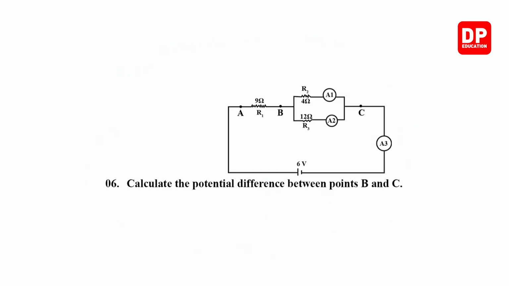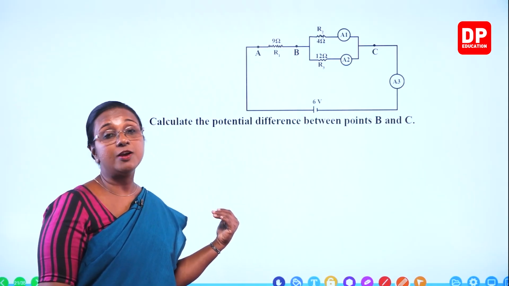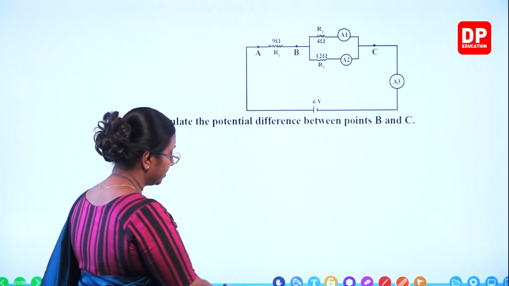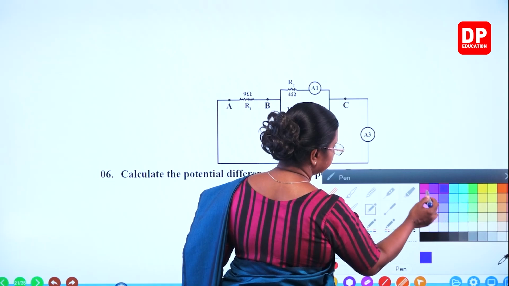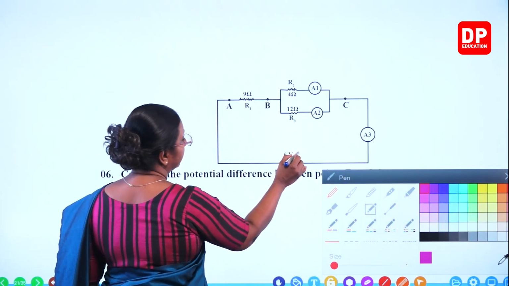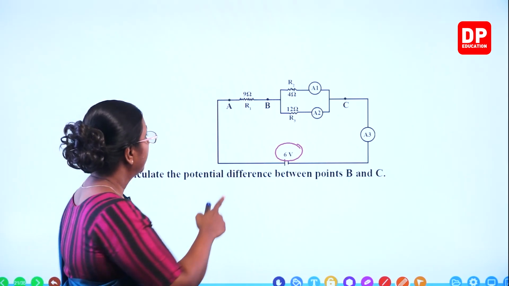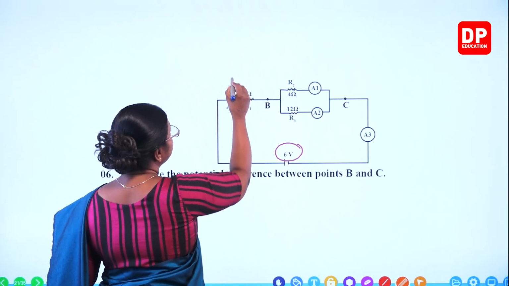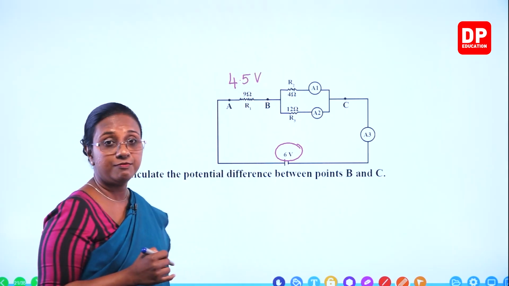Again the same circuit. Calculate the potential difference between points B and C. Now in the previous slide, students, I showed you one way of calculating the potential difference. Here the potential difference is given as 6 volts. Between points A and B, we calculated the potential difference as 4.5 volts.